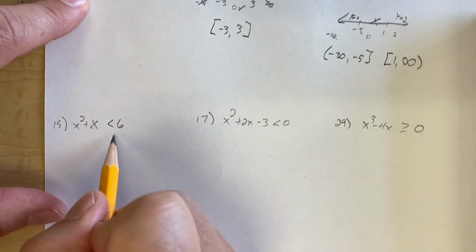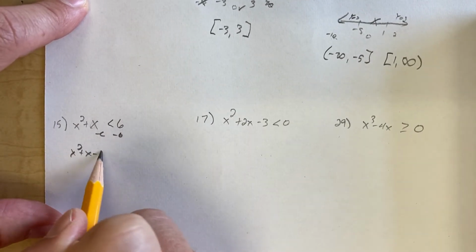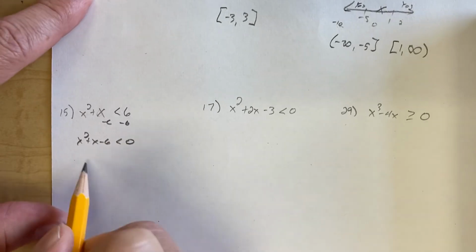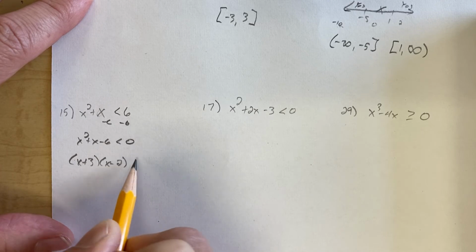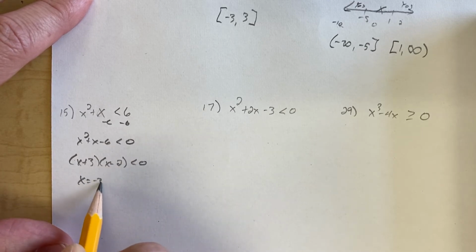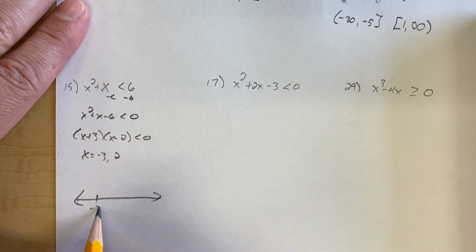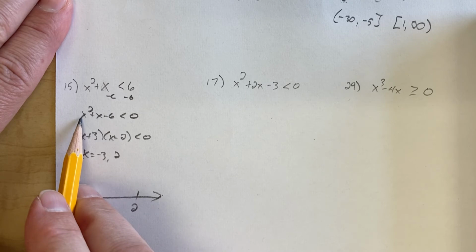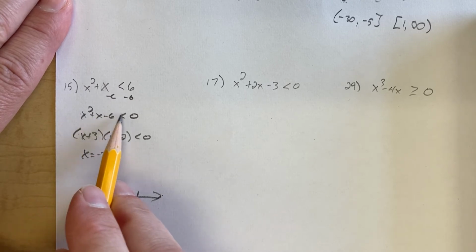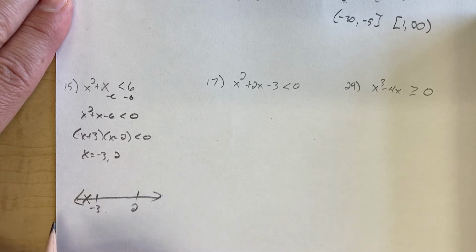All right. For 15, same idea. Let's subtract 6. So x squared plus x minus 6 is less than 0. This is x plus 3, x minus 2. So I get x equal to negative 3 or 2. Now make my interval here. If I pick something less, say negative 10, I get 100. Minus 10 is 90, minus 6. That's positive, not less than 0, so nope, not there.